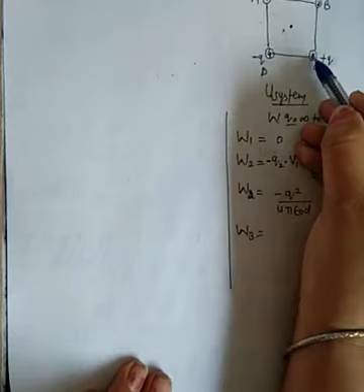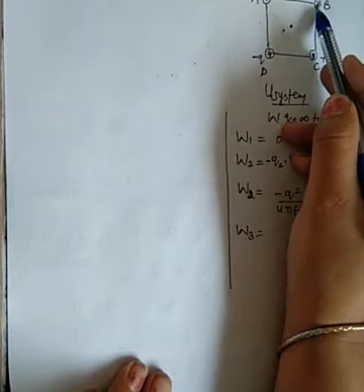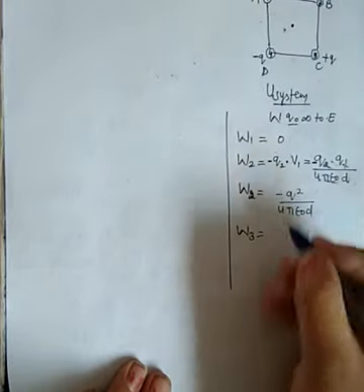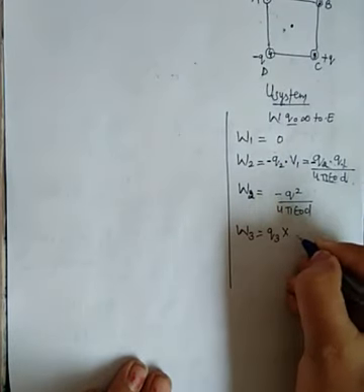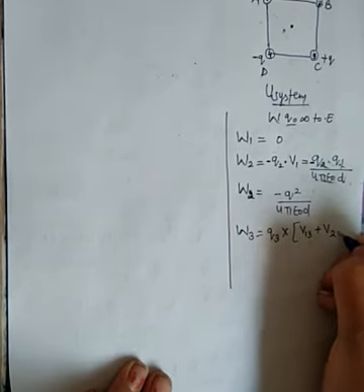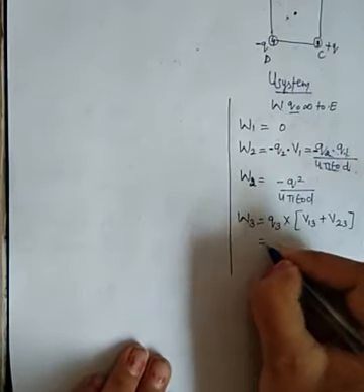When the third charge is being brought, the first and second charges are already there. So the potential of these two is to be calculated at this point. It means third charge into potential due to first at third, plus potential due to second at third. So what will be the result?